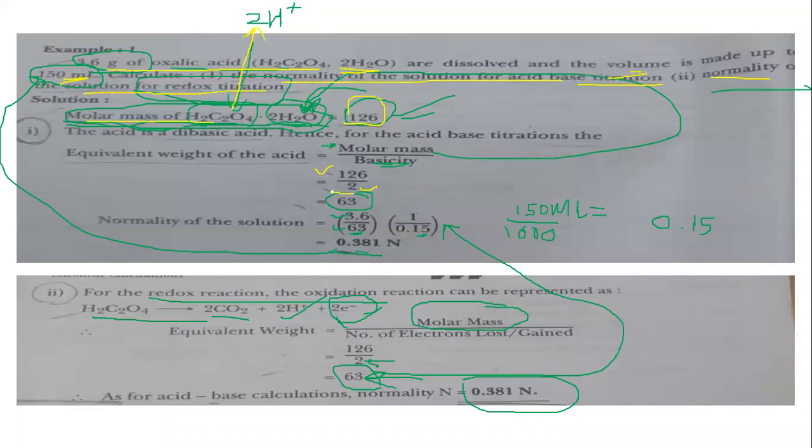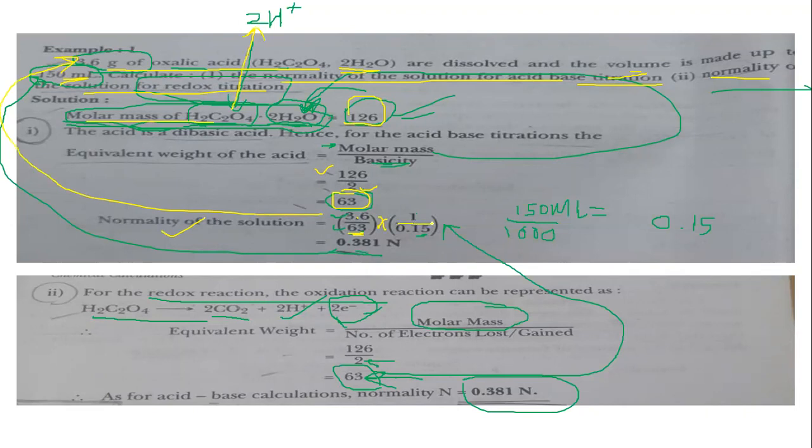So what is its equivalent weight? Now this is the equivalent weight. To find the molarity and normality, we know how many grams are taken. See, the weight of solute in grams, which is 3.6 gram, upon equivalent weight, into 1 upon volume.